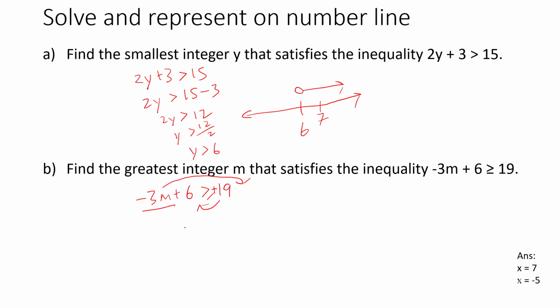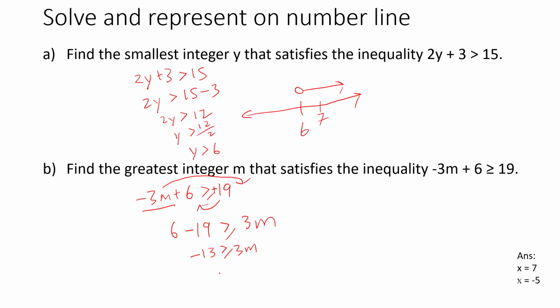And because this is plus 19, you will get a negative 19. 6 minus 19 is larger or equals to 3m. The sign of the 3 needs to change into positive in this case. So 6 minus 19, I will get negative 13, is larger or equals to 3m.